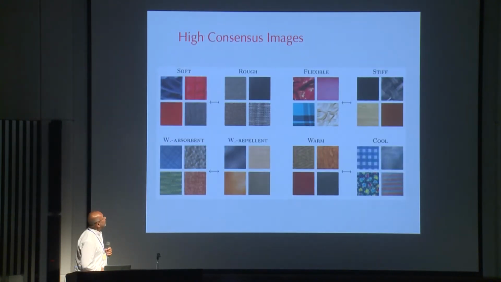And so there were whole sets of materials on which there was fairly high consensus. So these all graded soft, rough, flexible, stiff, water absorbent, water repellent, warm, cool.